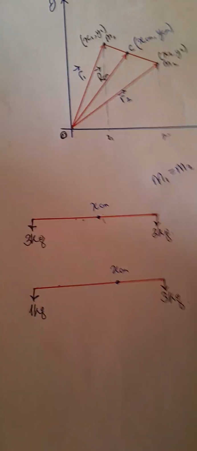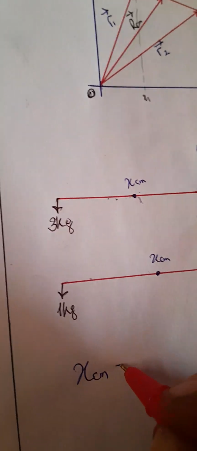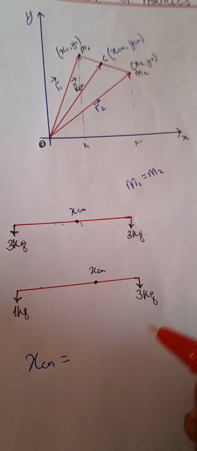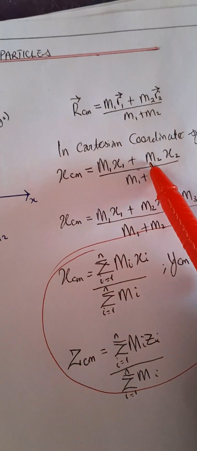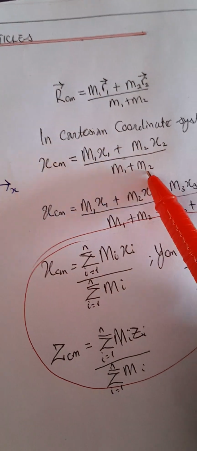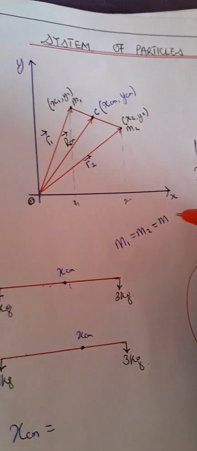So if m1 was equal to m2, then the formula will be xcm equal m1 x1 plus m2 x2 over m1 plus m2. Now, if m1 was equal to m2, I will say equal to m, right?